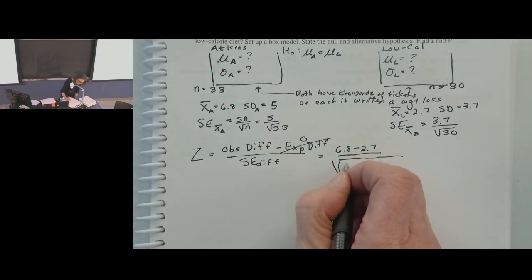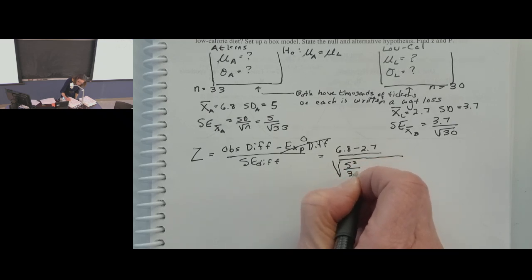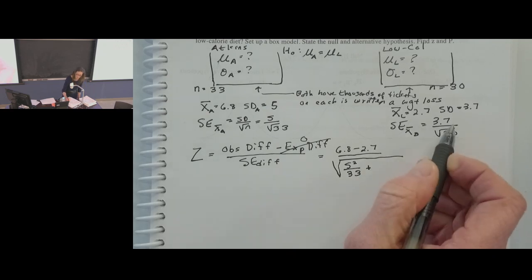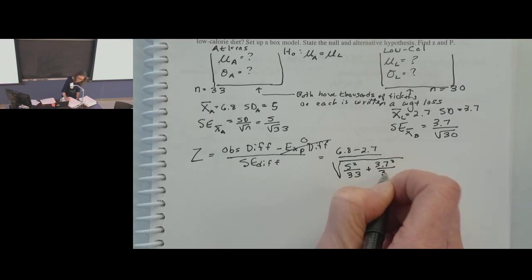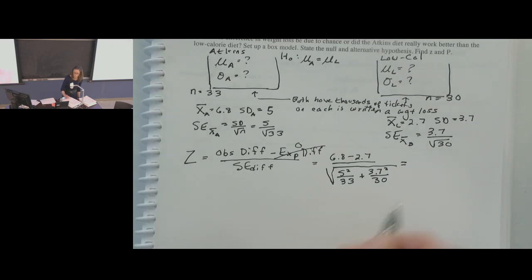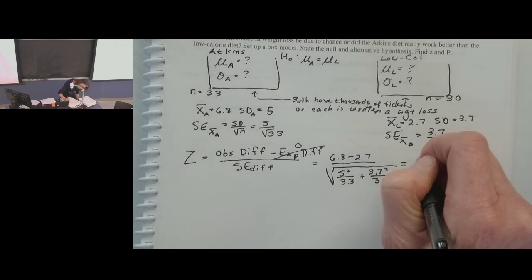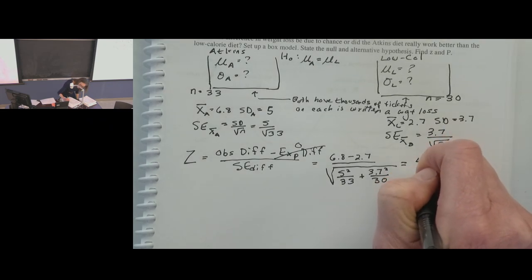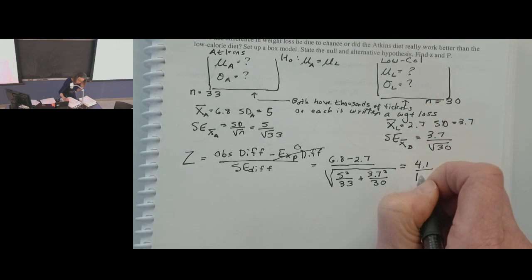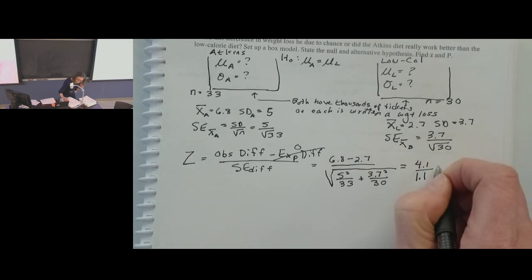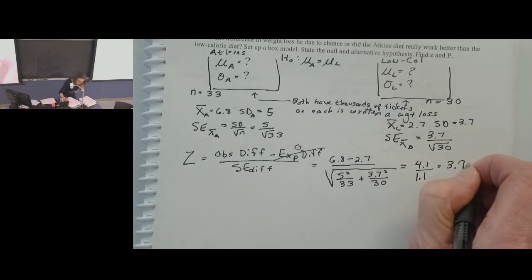I'll just do 5 squared over 33 plus, if I square that one, I get 3.7 squared over 30. It's just less error. And so I got 4.1 over 1.1, and that was equal to 3.72.